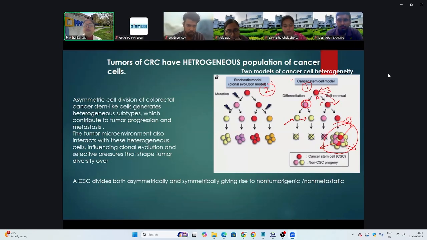So in the clonal evolution model, there is this original cell, and maybe it's a stem cell. Let it be red. And then you see this lightning, which is like some kind of UV irradiation. It picked up some gamma radiation or UV radiation or some carcinogen, and it led to a mutation.